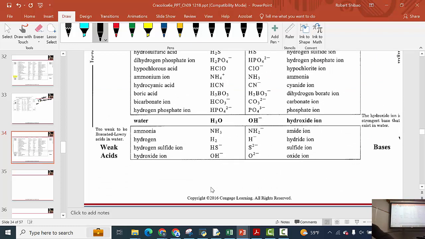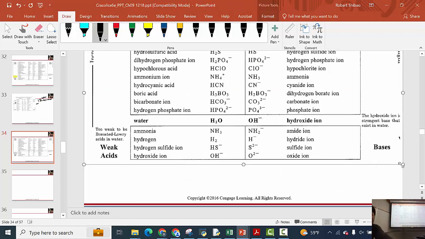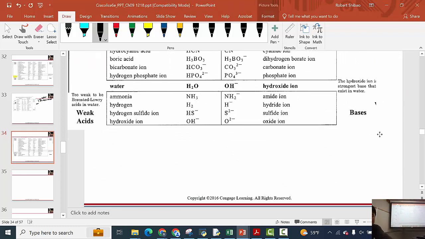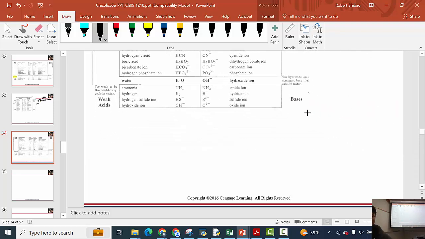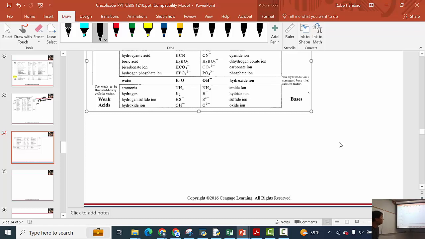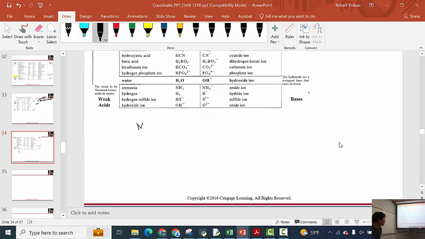And when it reacts with water, it takes a proton off water. So this is aqueous, to form, okay, what forms here?